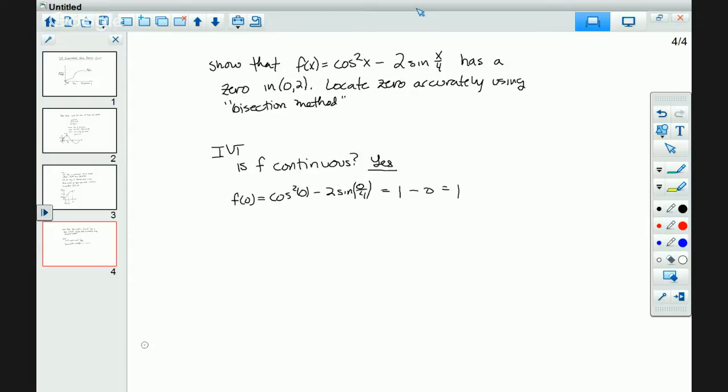What is F at 2? This is probably going to be a calculator exercise here. Make sure you're in radians mode. Remember that? Because I have some pre-calc students who are probably not going to be in radians mode for a while. So what are these values?